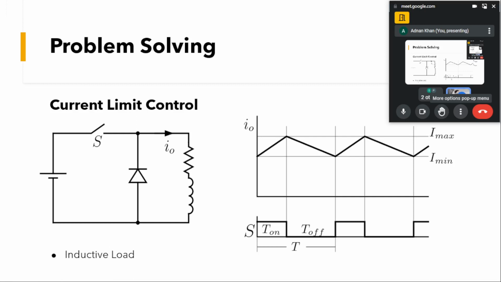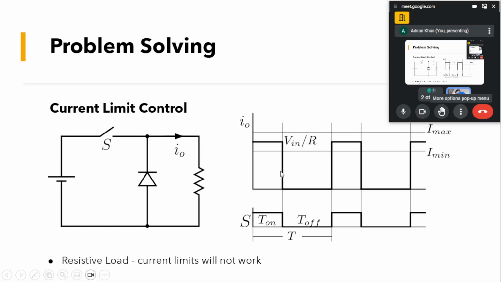Now we will be seeing if we could do this for a resistive load. Let us say this is our circuit. For a resistive load, when this S is turned on, this voltage will come across this resistor, and the amount of current that will flow will be equal to V in by R. That will be some constant current here.